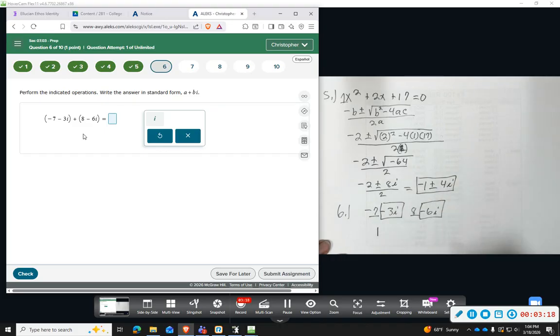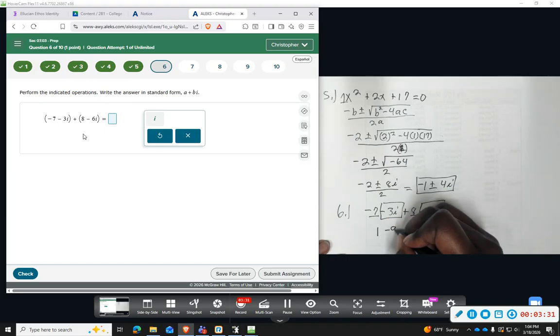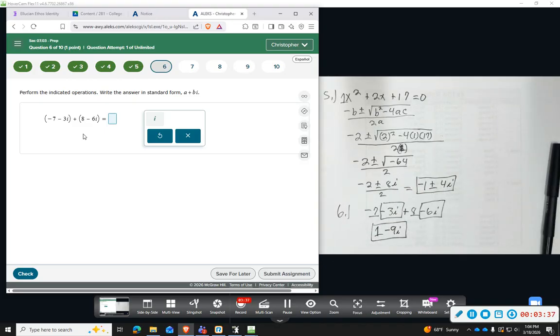And then the imaginary parts, negative 3i and negative 6i, we add those. Should be a plus in the middle here, sorry. Add those, and we get a negative 9i. So we get 1 minus 9i, and that will be our solution.